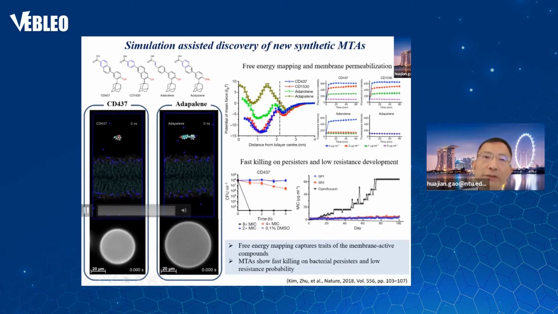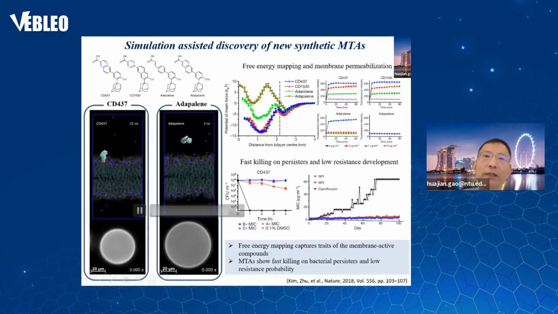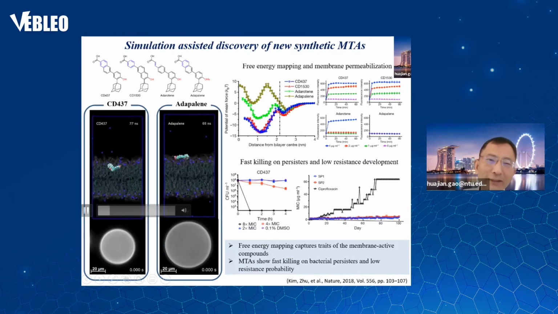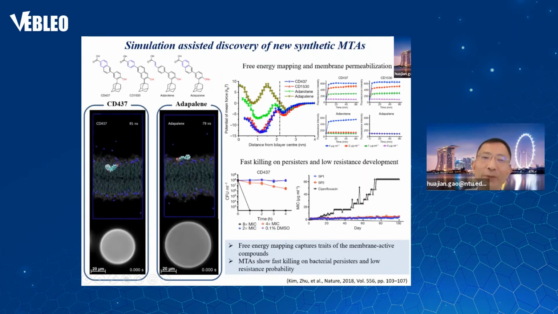We can also use simulation to confirm this. These two molecules we identified to be favorable as antibiotic. And this one, CD437, is the favorable one, adipolene is the unfavorable one. So we can confirm using simulation, indeed, this molecule can penetrate, insert into the membrane, while this one only attaches to the surface without penetration.